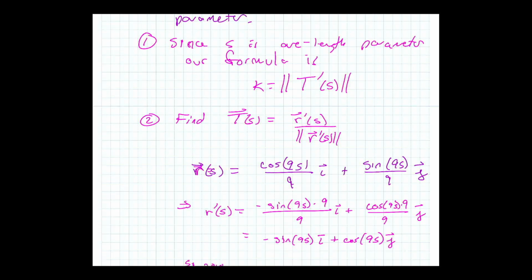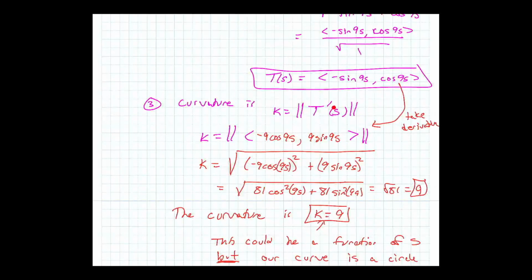After you get the unit tangent, then you can take the derivative of the unit tangent and then find its magnitude to get curvature. So curvature is related to the second derivative. You probably remember that from concavity, like concave up, concave down. That had to do with the second derivative. So it's the same thing here, right?